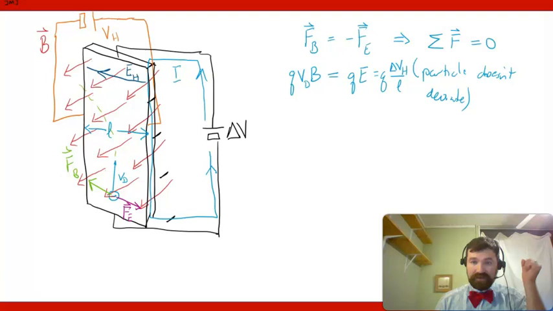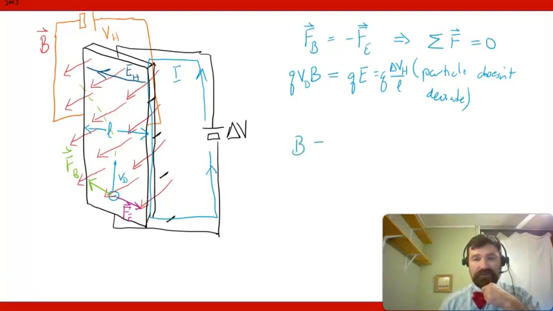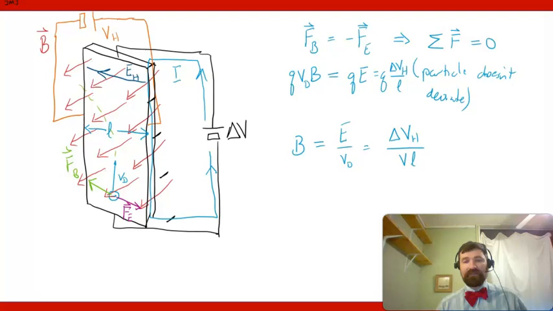All right, so now I can solve this for the magnetic field strength. Dividing out the Q from both sides, B ends up being E over drift speed, which is the delta V that is measured, the Hall voltage, divided by the speed times the length.